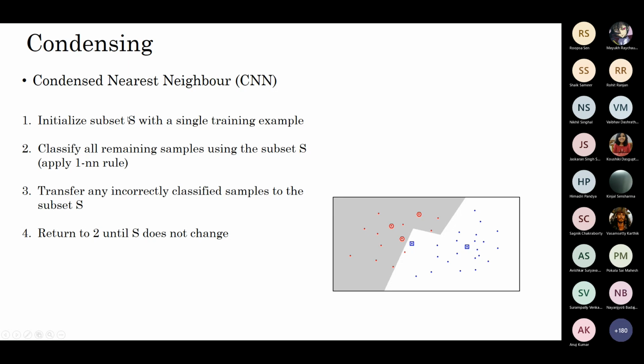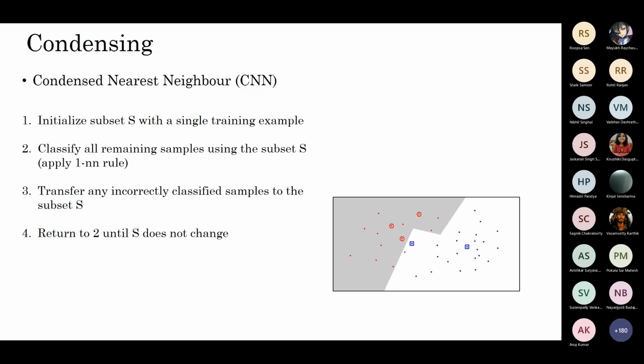If the samples are being classified correctly using set S, I do not need that sample in my training set, because I am able to classify that point with the set S, which I already have. So why would I add that point? I have sufficient information in set S. Now the points which are being misclassified using S, then I know S doesn't have sufficient information to classify that point correctly. Therefore, I have to add that. That's the basic intuition.